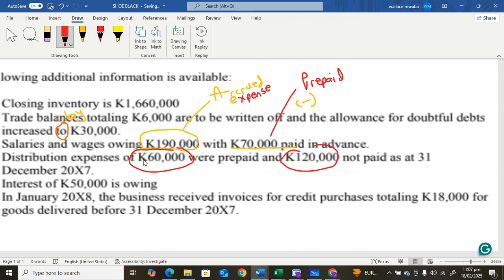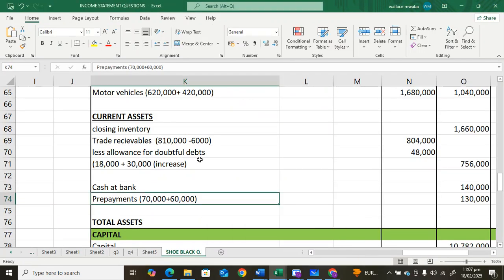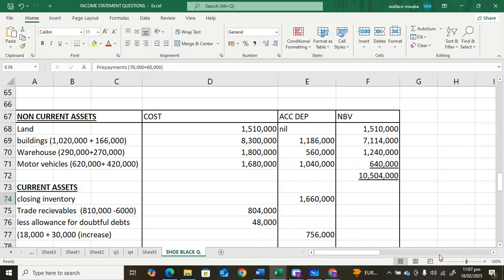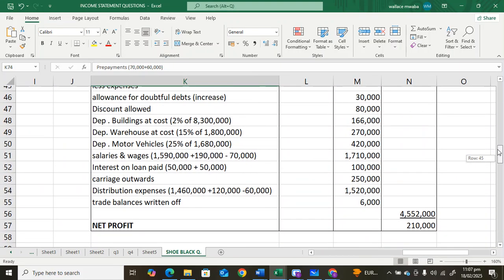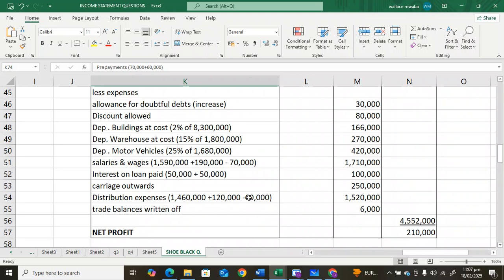So you subtract this 60,000 in the statement of profit or loss, as we saw. You subtract the 60,000. I've seen minus 60,000 here, distribution expenses, minus 60,000. And the accrual, you're adding it, 120,000.